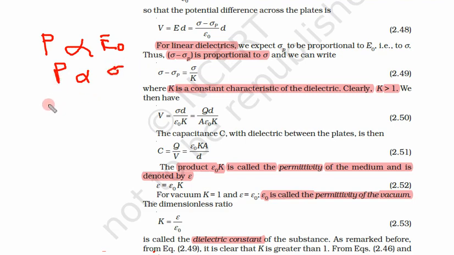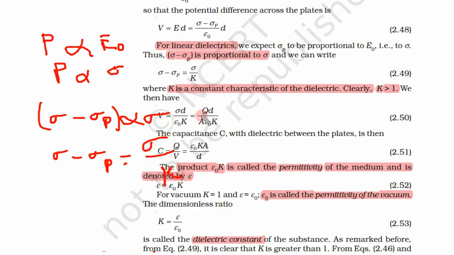You know polarization depends on this sigma minus sigma p, and sigma minus sigma p is also proportional to sigma. So there is a proportionality. Let us put a proportionality constant: sigma minus sigma p is equal to sigma upon k, where k is a characteristic constant of a dielectric which is called the dielectric constant. Till here we have reached.